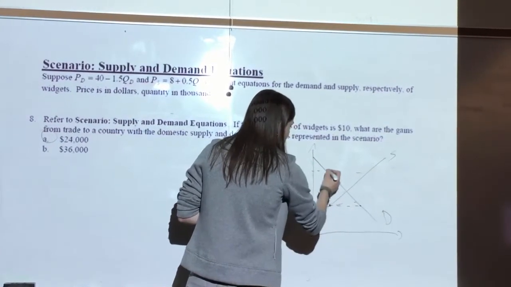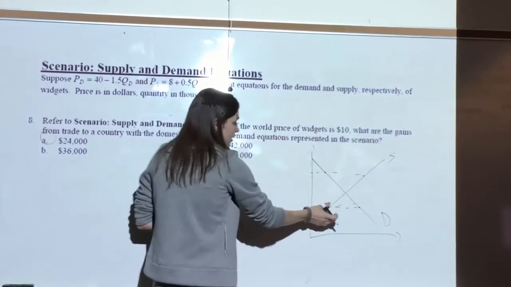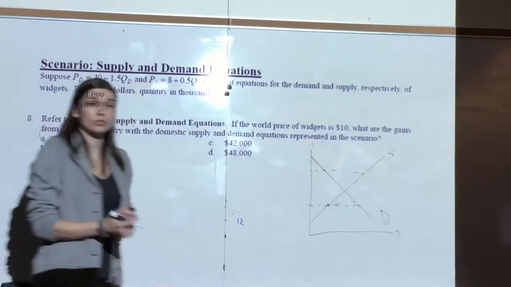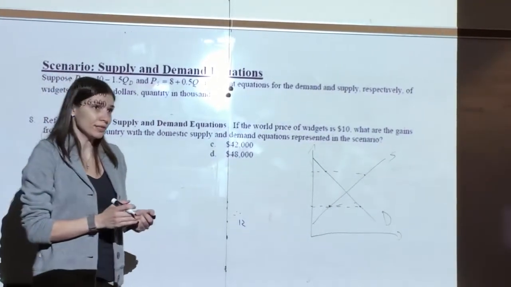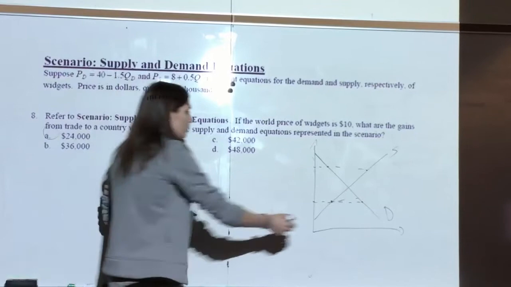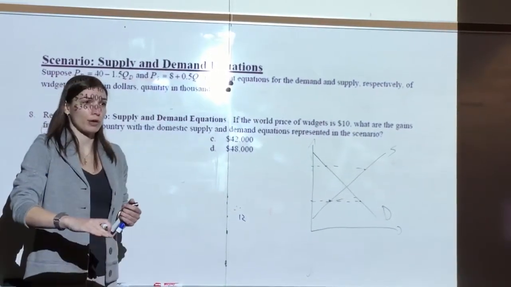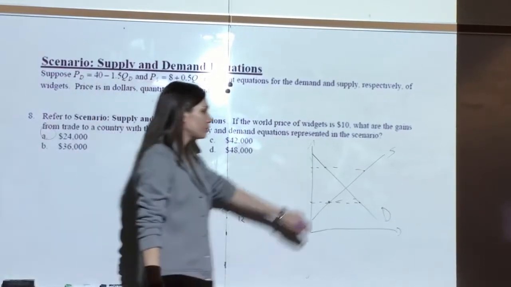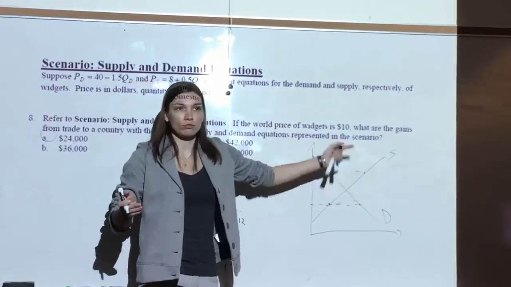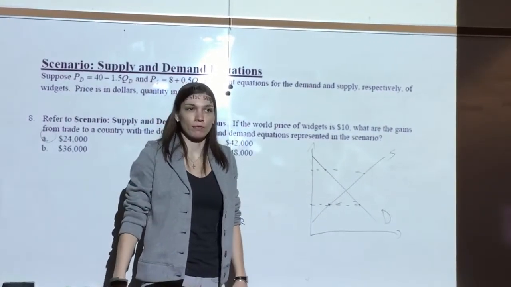The base of those triangles is the difference between quantity demanded and quantity supplied at the world price, and the height is the difference between the domestic equilibrium price and the world price. If you put everything in absolute values, you don't have to worry about whether it's below or above.